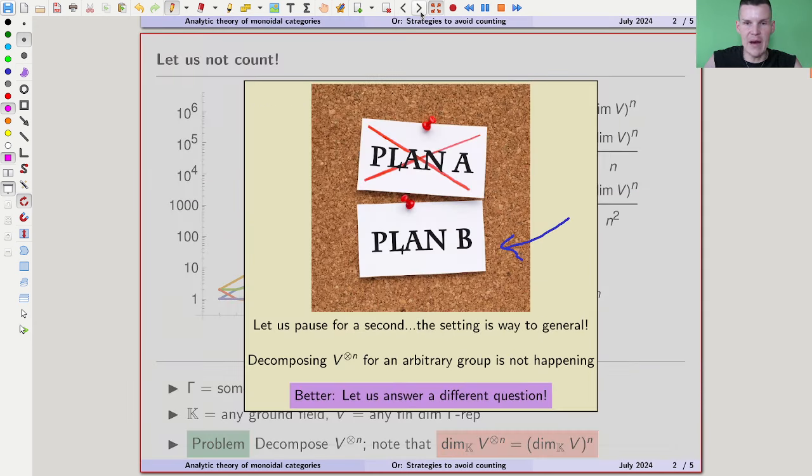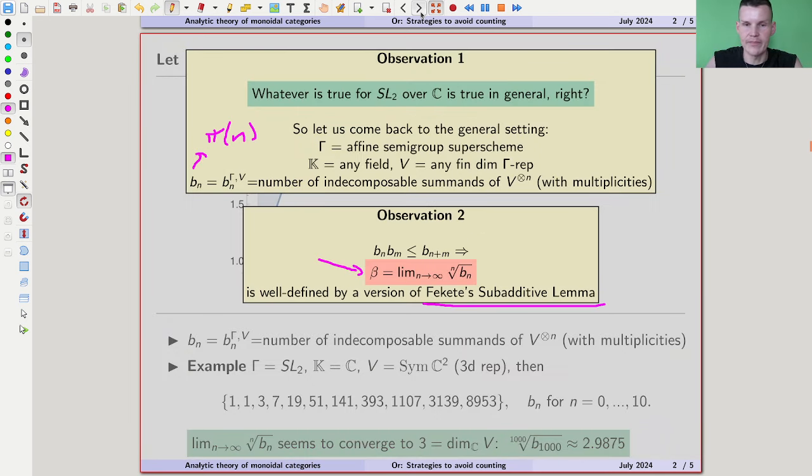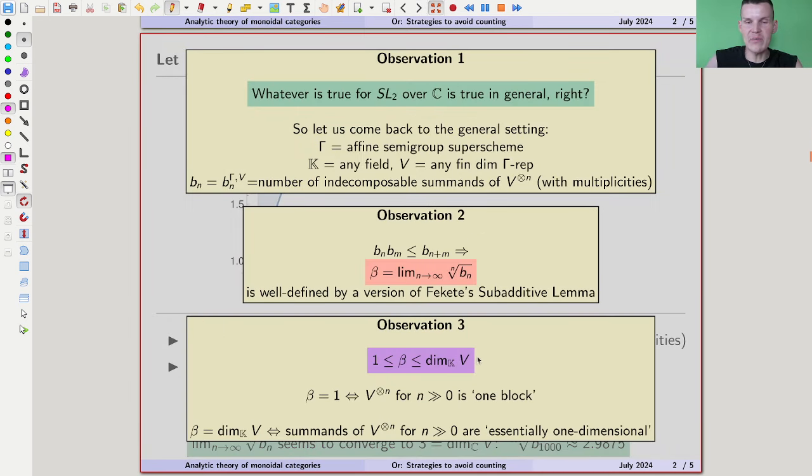So this is the upper bound that comes up just from this dimension consideration. So beta is somewhere in between those values. And they are two different extremes. If beta is 1, then essentially everything is one block. If beta is the dimension, then it's the opposite. Every summand is essentially one-dimensional, because it's the finest split you could have. Yeah? So it's either 1 or the dimension.